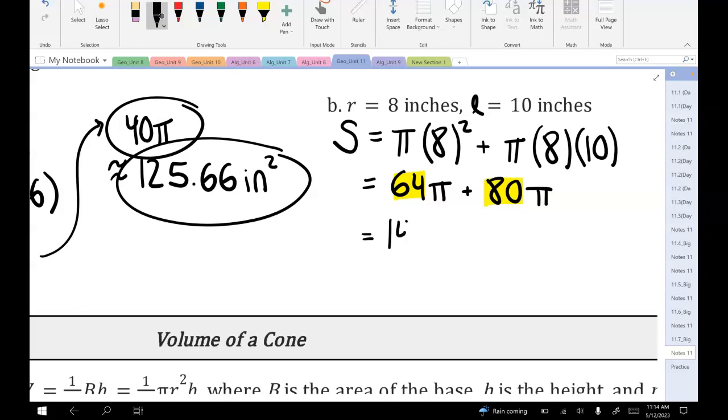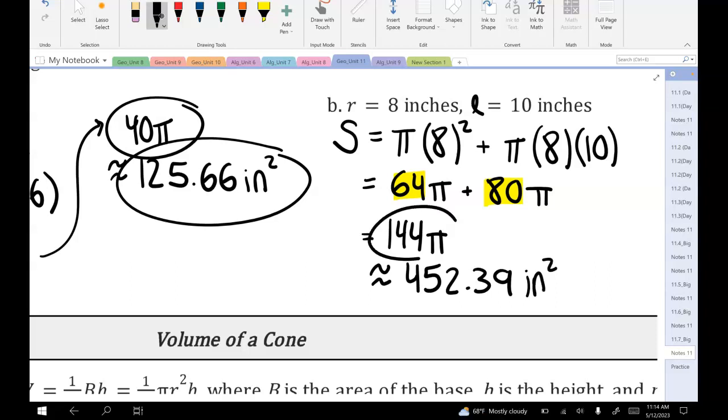Our exact answer would be 144 pi. If we want to approximate an answer, 144 times pi is 452.39. We're still in inches, and it's area, so inches squared.